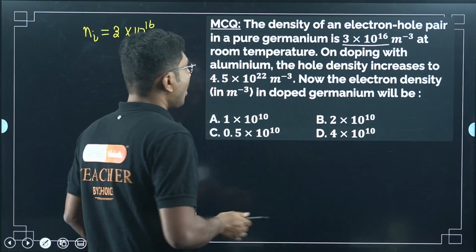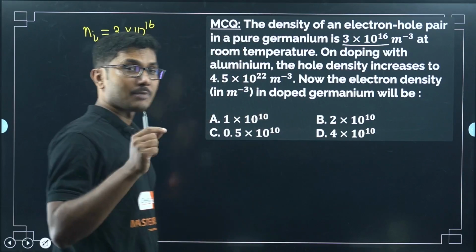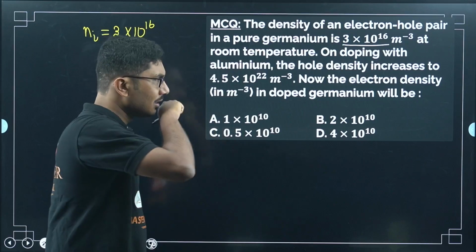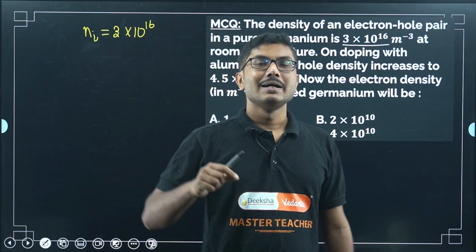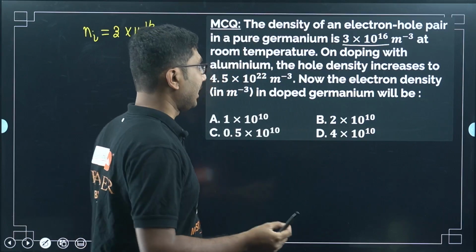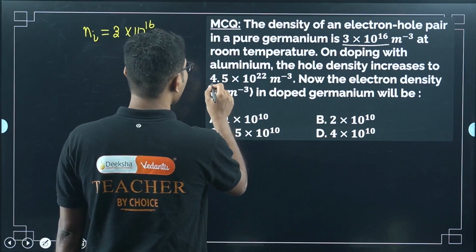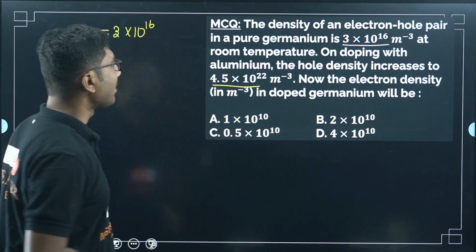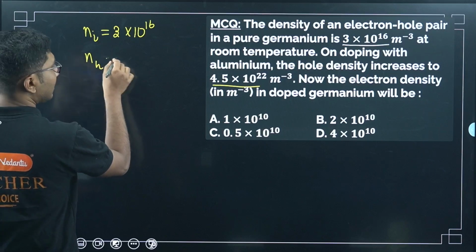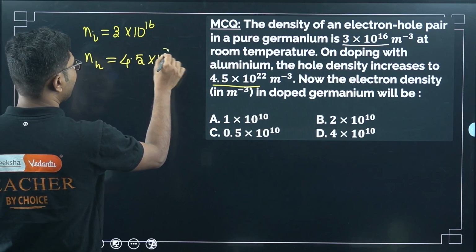Now on doping with aluminium, what type of semiconductor is it? Aluminium is a trivalent material, so it will be a p-type semiconductor. On doping with aluminium, the hole density increases to 4.5 times 10 to the power 22 meter to the power minus 3.